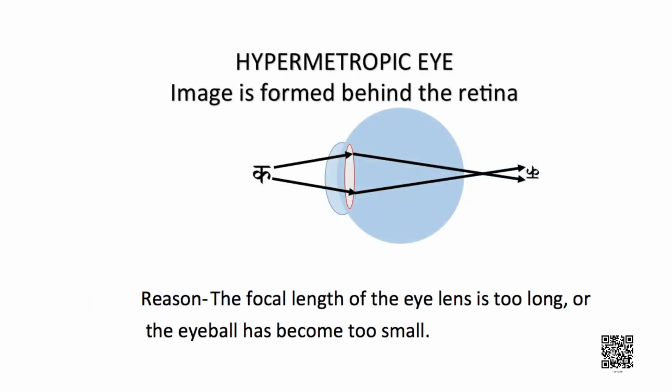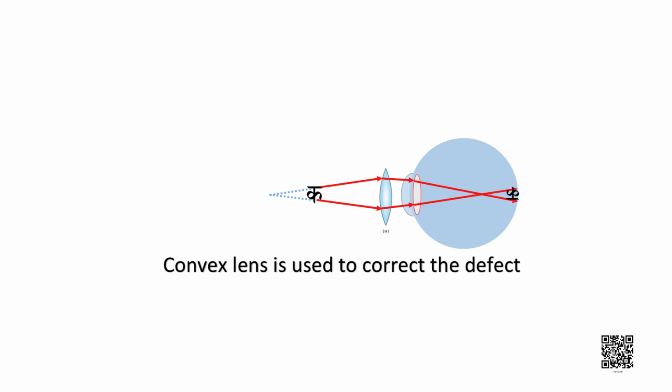Now, such a person will have to keep the reading material much beyond 25 centimeter from the eye for comfortable reading. This is because the light rays from a close by object are focusing at a point behind the retina. This defect arises due to two reasons. The focal length of the eye lens is too long, or the eyeball has become too small. Well, the defect can be corrected by using a convex lens of appropriate power.